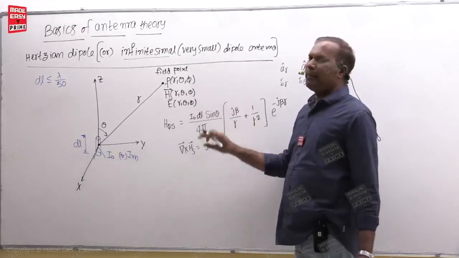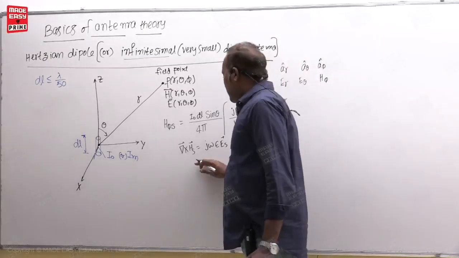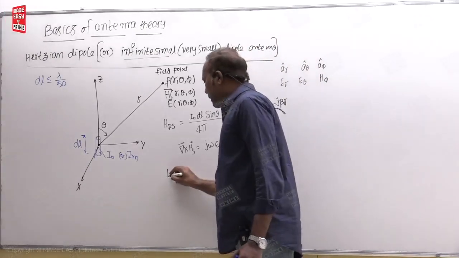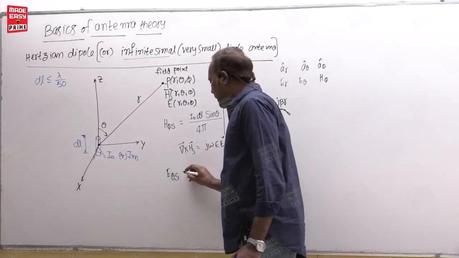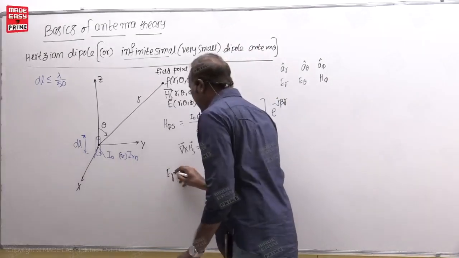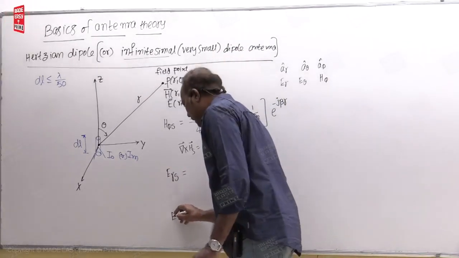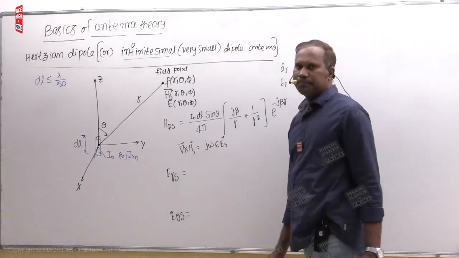So sigma for this air medium is 0. Now after substituting in this equation, you get the electric field r component in phasor domain, and the electric field theta component in phasor domain.